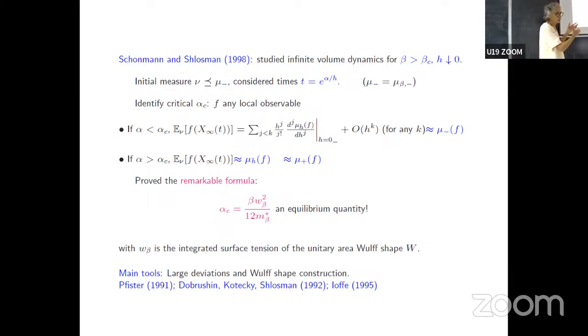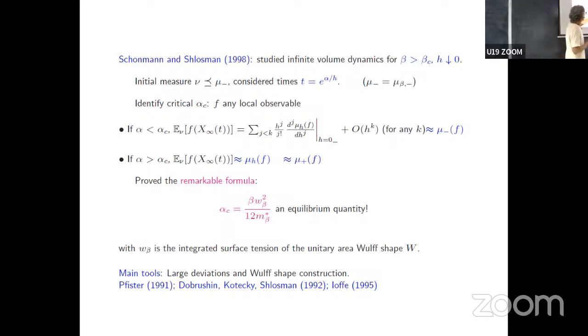So in this way you cannot see a transition, because your h is going to zero, so e to the alpha over h grows very dramatically. But that's a crucial result.